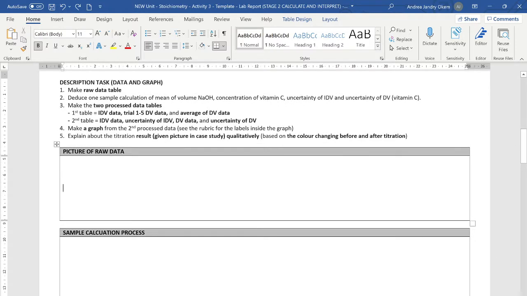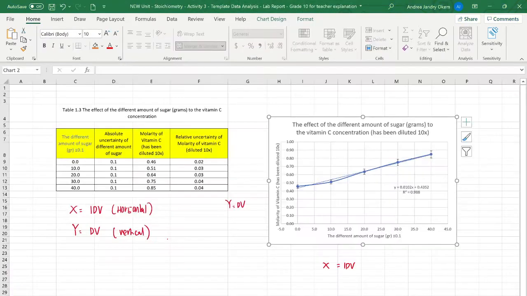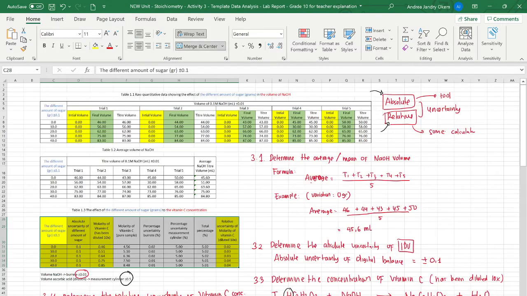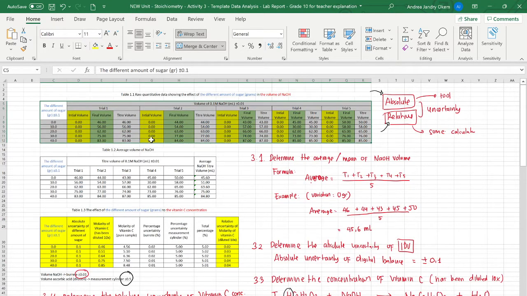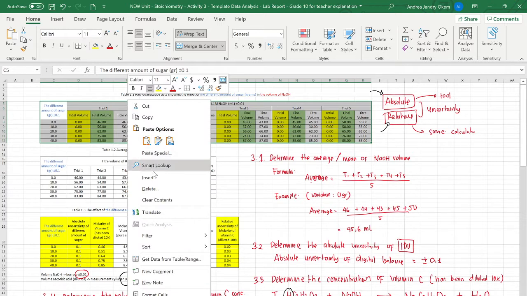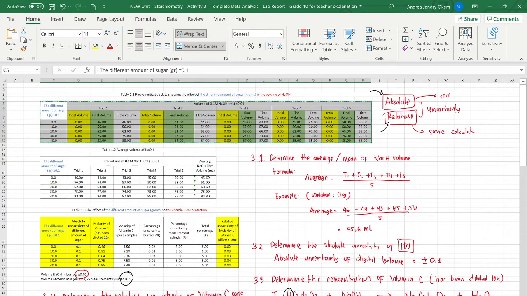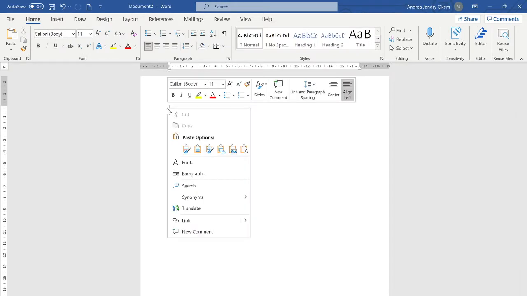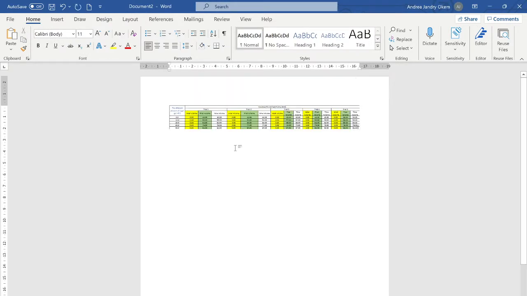So the first picture that we need to insert is the raw data table. You can go to the Excel, go to step number 1, go to the second step. Okay, and then did you see the first table? You can just directly copy, and after that go to the new document, and then you need to paste as a picture.